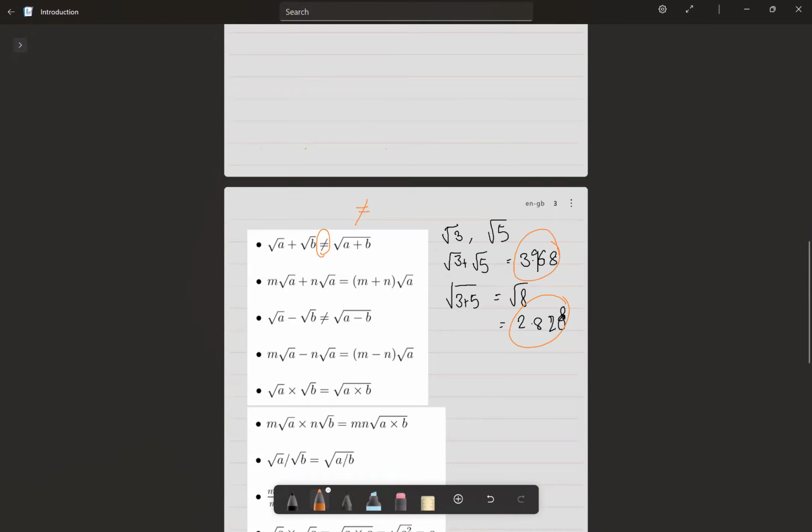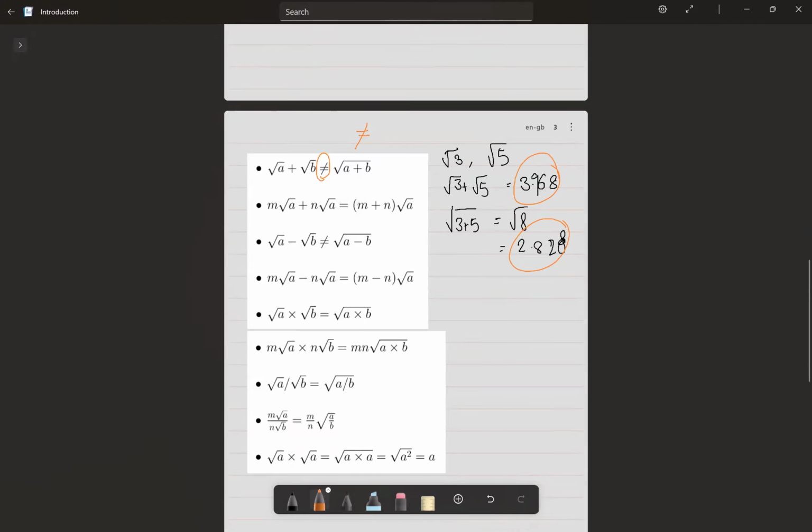Now see here. If you cannot add, then you cannot subtract the roots as well. And this also can be checked with root 3 and root 5. If you subtract root 5 from root 3, what do you get? You will see that you get a negative number, which is minus 0.504, something like this.